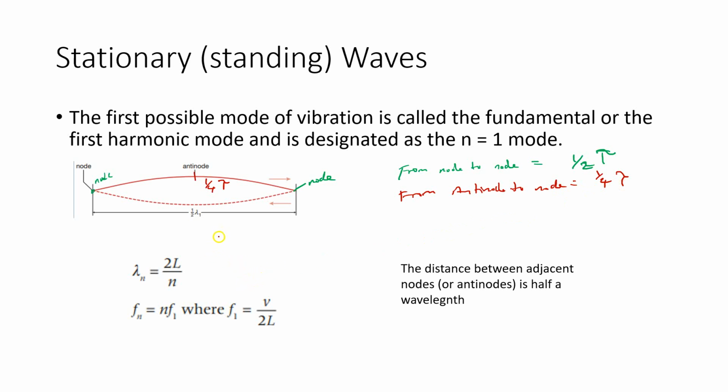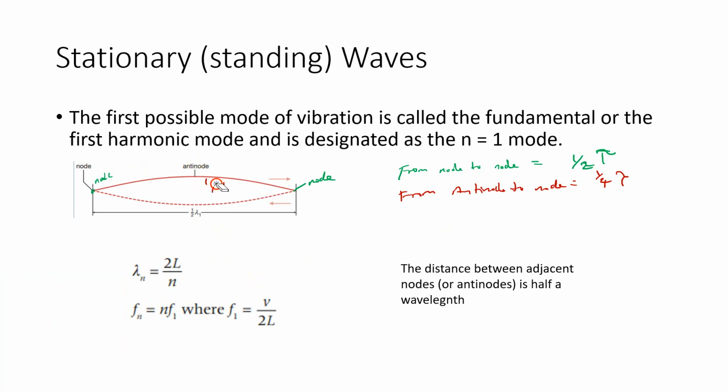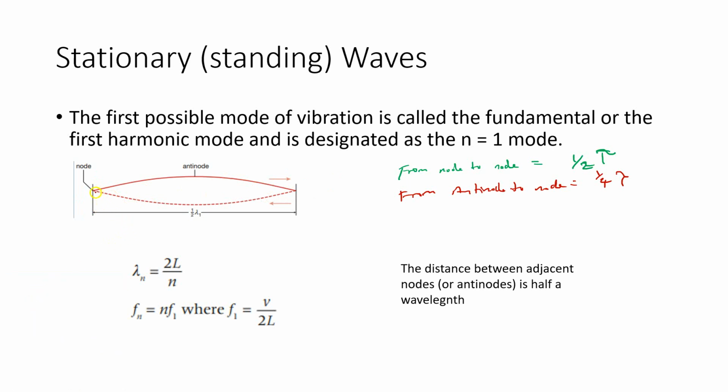The idea here, guys, is that we want to determine the wavelength of this particular wave. In order for us to do that, we have to consider the length of the string.